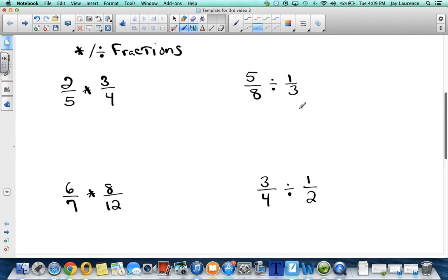Multiplying fractions is easier because you don't need a common denominator. You can just multiply. Right here in this problem, I'm just going to multiply 2 times 3 and 5 times 4, and I'm going to get 6/20. Now, I have to simplify the 6/20. I see that 6 can be thought of as 3 times 2, and 20 can be thought of as 10 times 2.